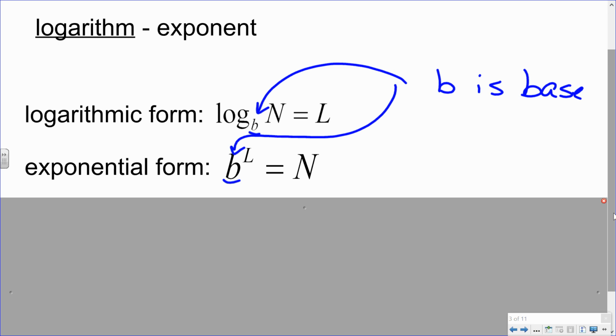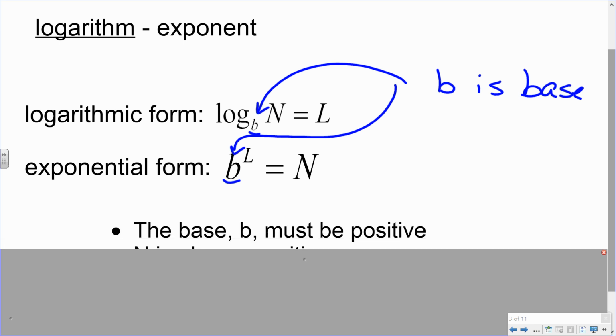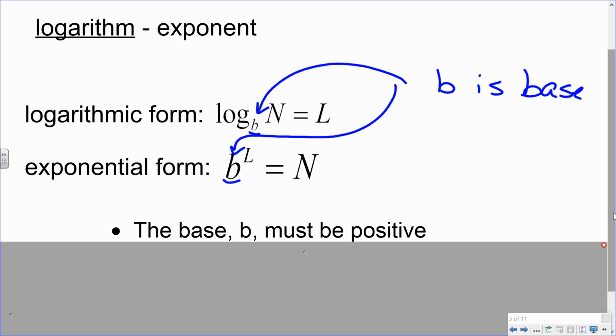For a log, it is written as a subscript. For the exponential form, it is the one that is on the main line, not the one that's up high as the exponent.